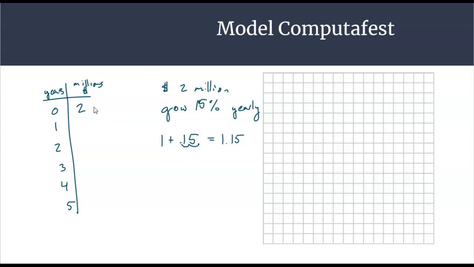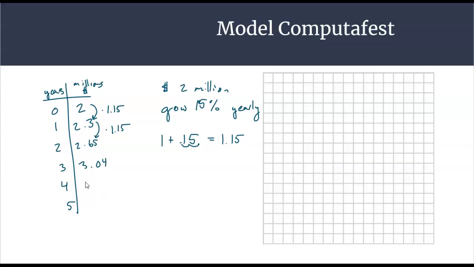So we're going to take 2 times 1.15, and we get $2.3 million at year 1. We multiply by 1.15 again, and we get 2.645. I'll just round that to 2.65. We multiply by 1.15 again, and I get 3.04 when I round.